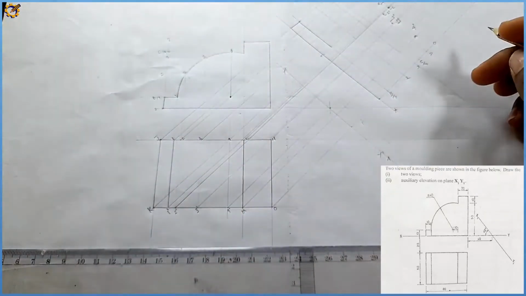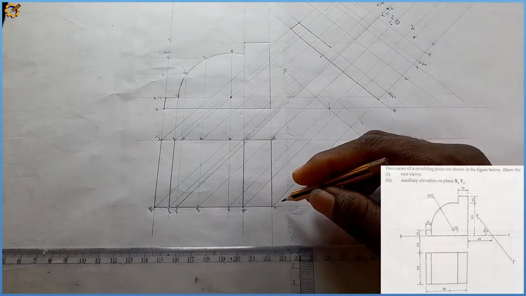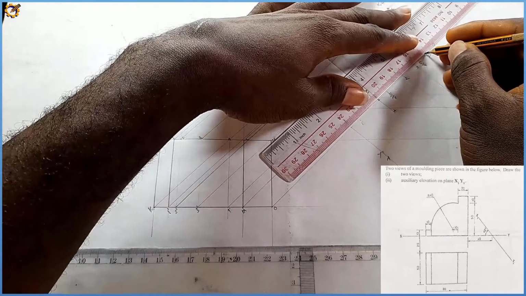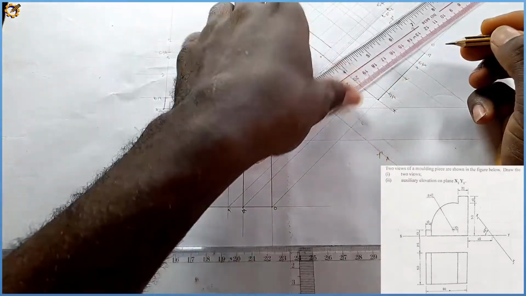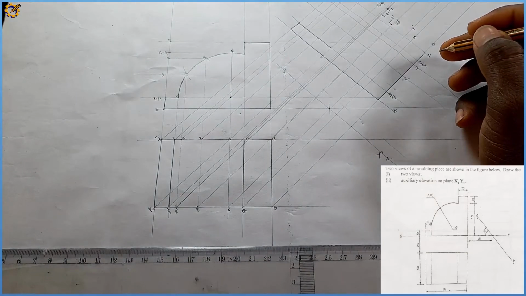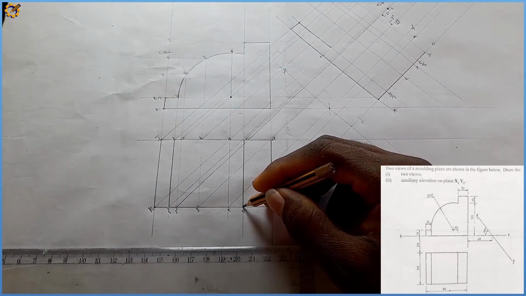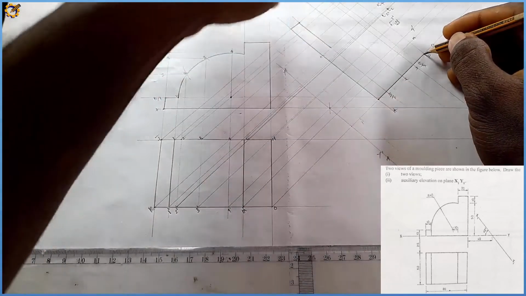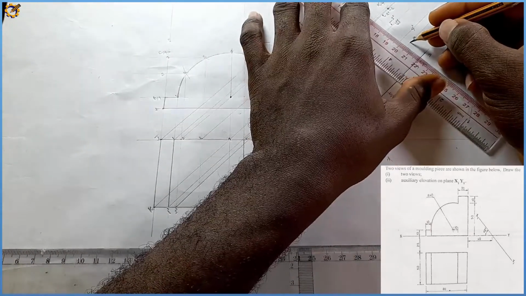Okay, that area is visible also. So next, you all know that this area is going to be visible like this. And this point of M, this is our M right here.